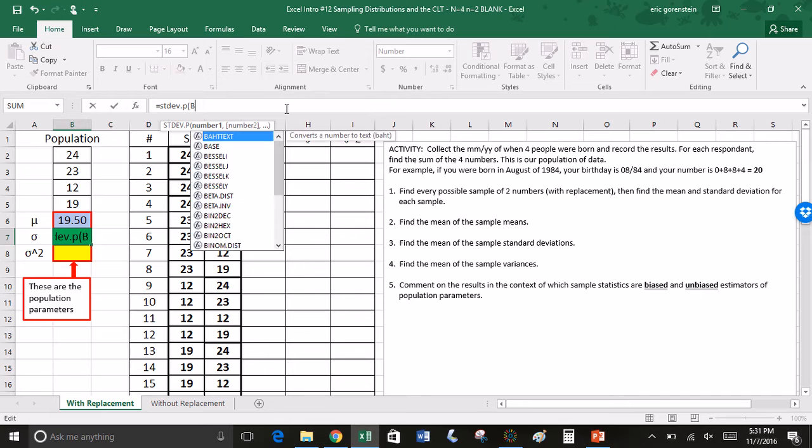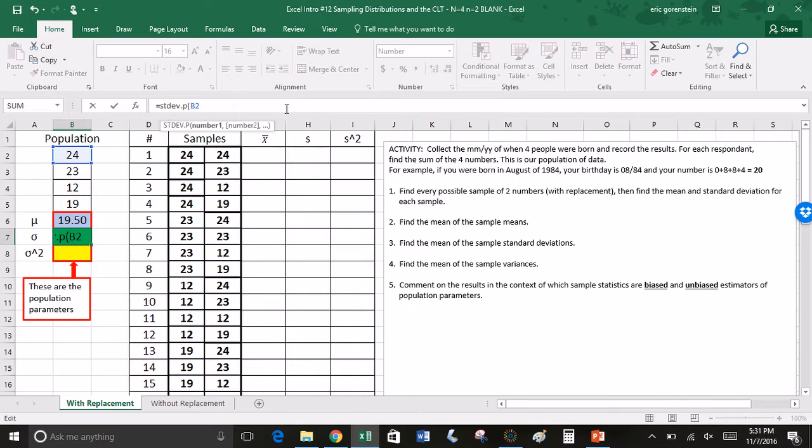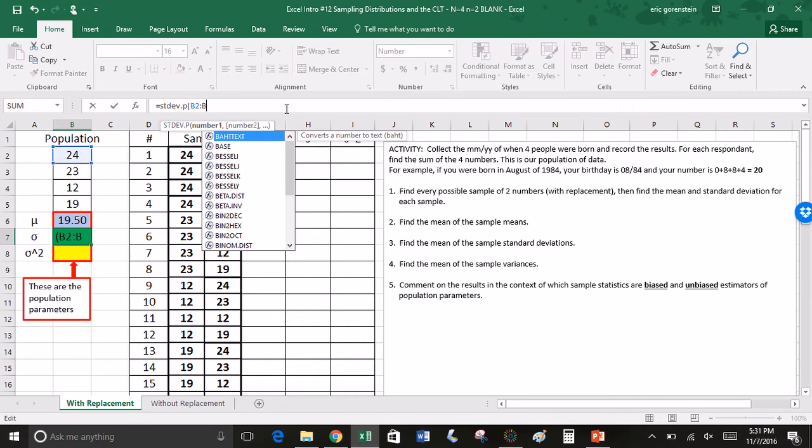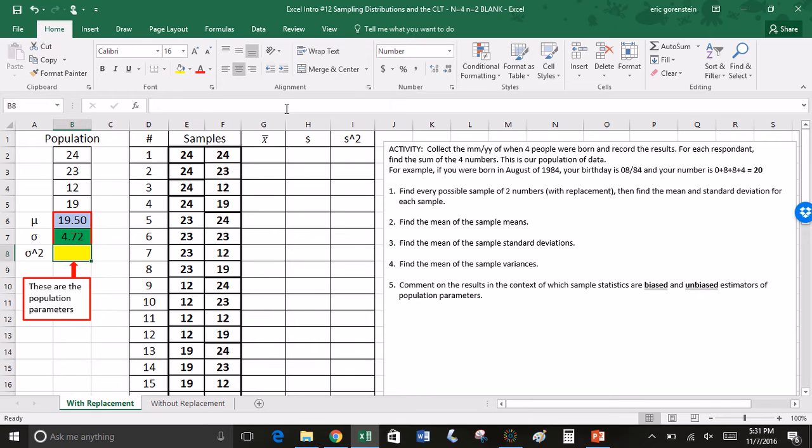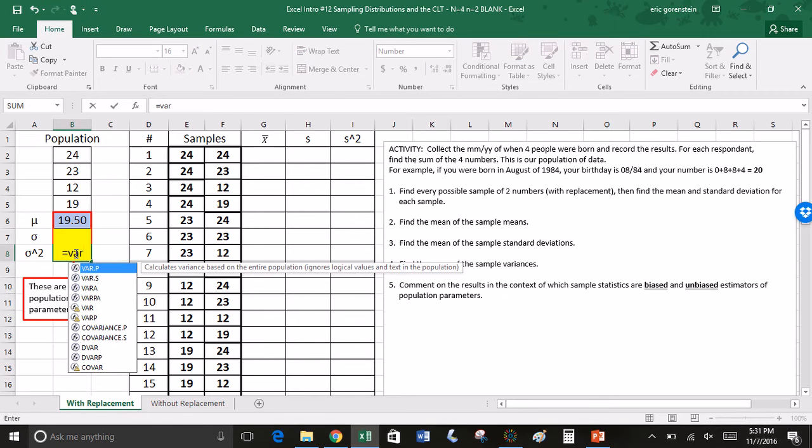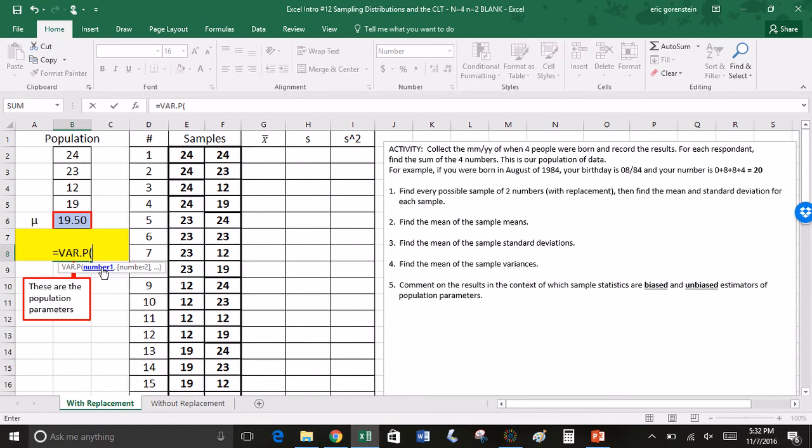So that's B2 to B5. Okay, so there's our population standard deviation. And our population variance, the function is VAR for variance, and we want VAR.P for variance of the population. And we'll use these 4 values. Okay, so now I have my population parameters.